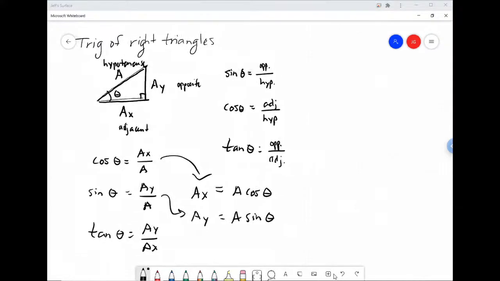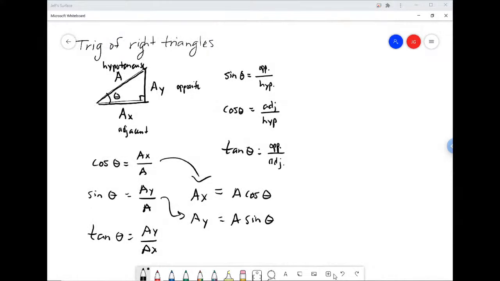And then somebody mentioned the Pythagorean theorem. Yeah, that's useful too because that links all the sides together. When you have a right triangle, the sum of the squares of the sides is equal to the square of the hypotenuse.